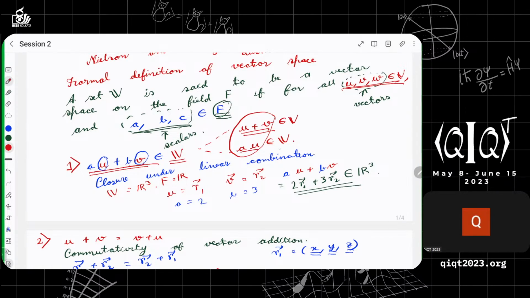And au belongs to V is the special case when b equal to 0. So au plus bv is actually encompassing these two conditions. One could in principle write closure under addition and multiplication, and linear combination would follow from it. But in another way, you can also argue that linear combination is combining both the closure conditions.